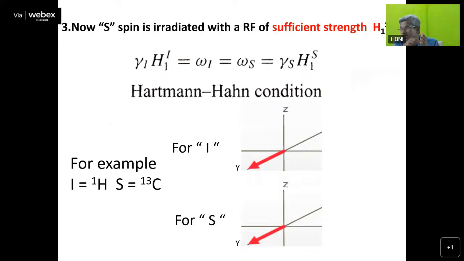For proton irradiation, we take a 400 megahertz carrier frequency and modulate it with the pulse. For the S nucleus, which is carbon 13, we take a 100 megahertz carrier wave and modulate it likewise. So the extent will be somewhat different because carrier modulated pulses are used, but still the effect will be there. One or the other will be there.